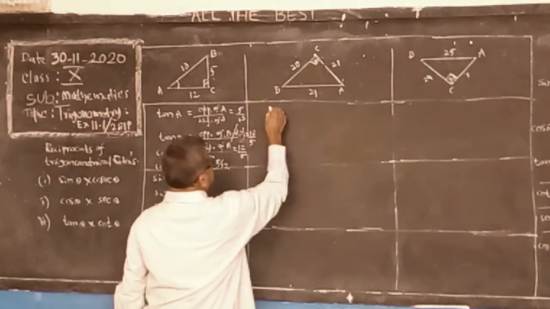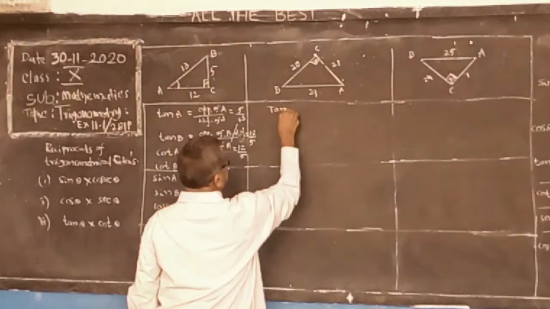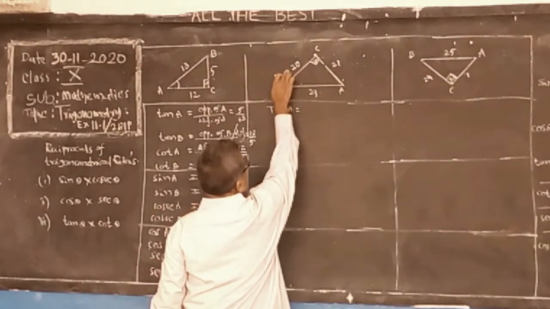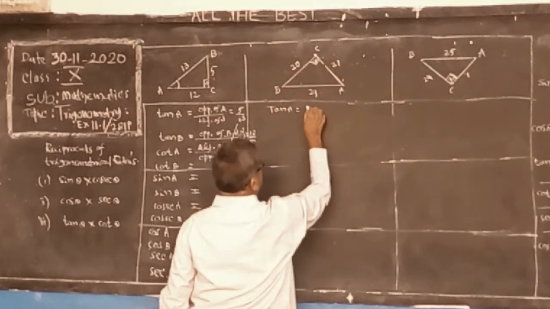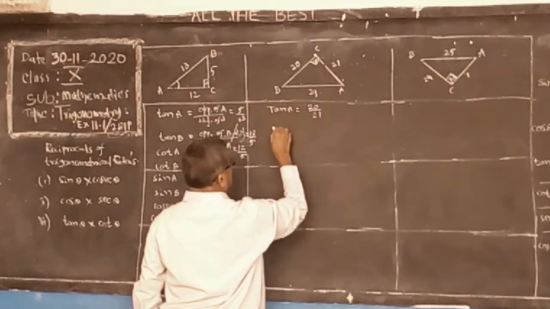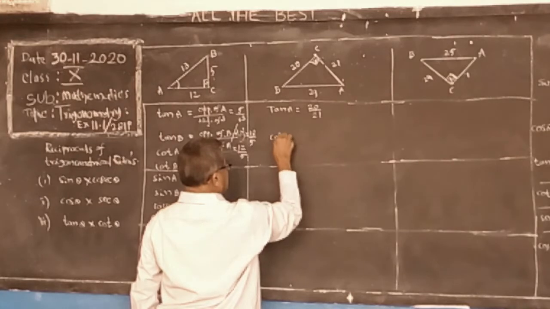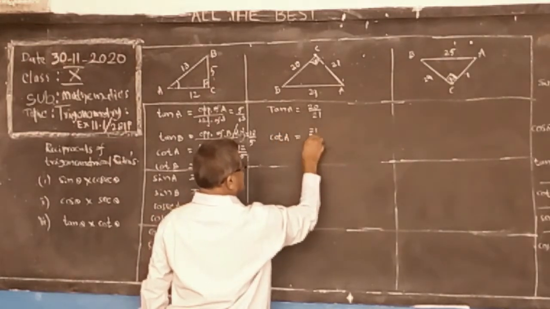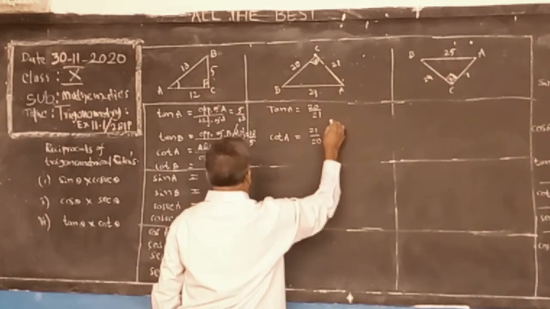Here tan A is equal to 20 by 21, the adjacent side being 21. Cot A is the reciprocal, 21 by 20.